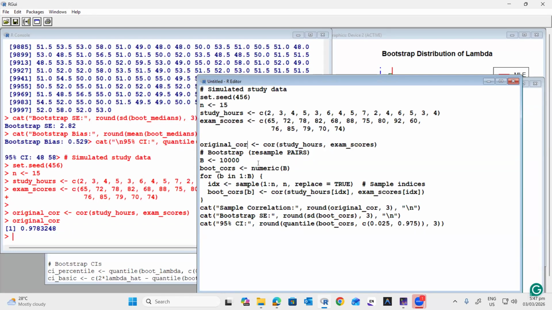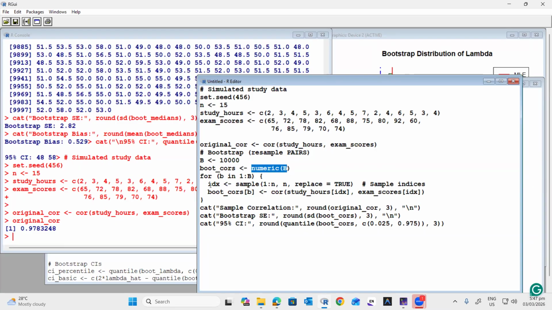The correlation coefficient of the original data is 0.9783248. After that, we are going to do the bootstrap resampling of pairs. We replicate 10,000 times and save the correlations in the boot cors vector, created by the command numeric.